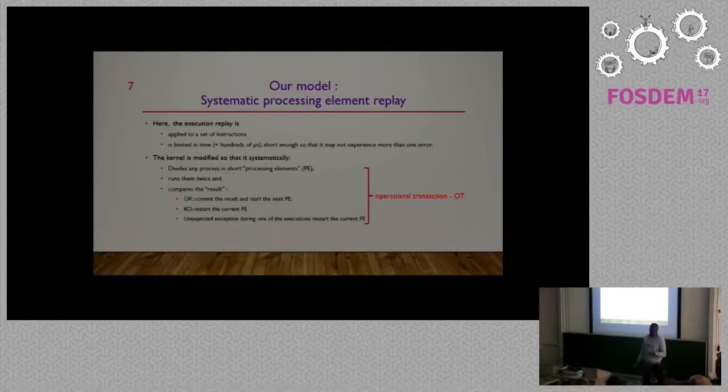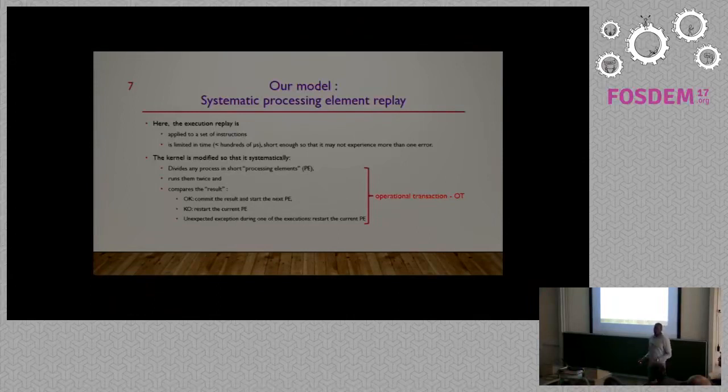But also if there was an unexpected exception, all we have to do is restart the entire process. The three phases, first run, second run, and comparison, verification and commitment, we call these three things operational transactions.